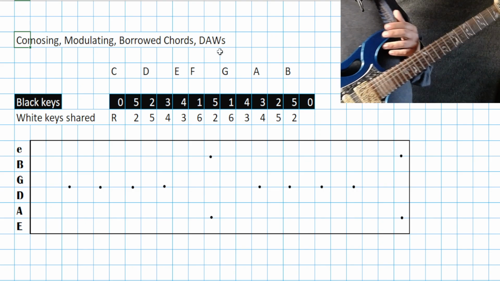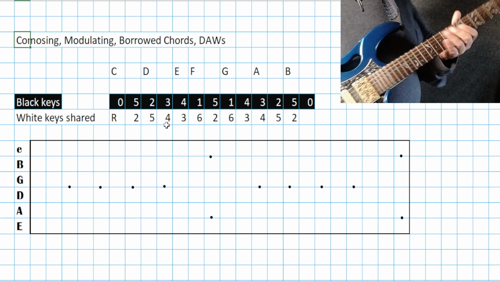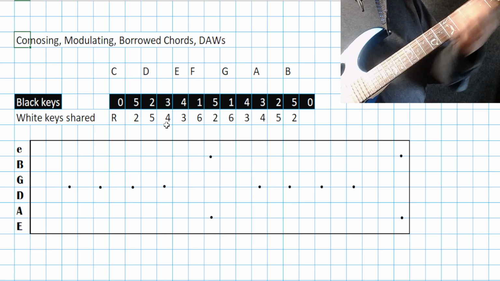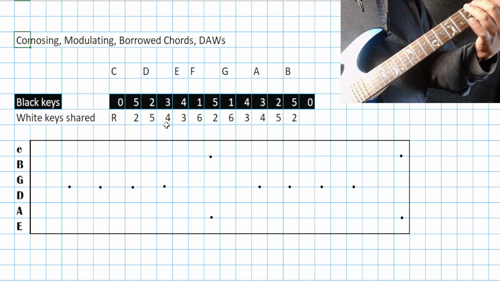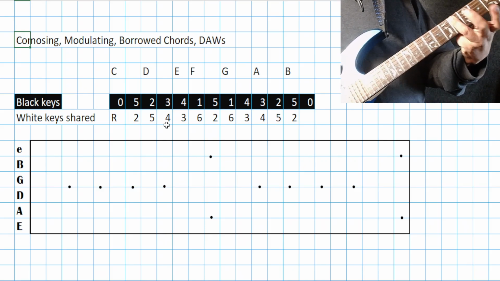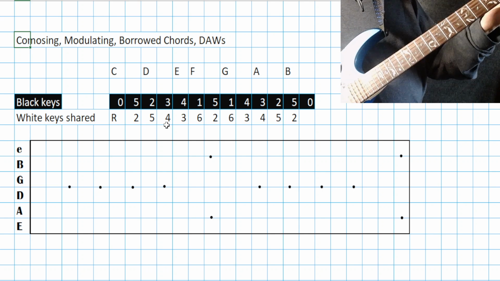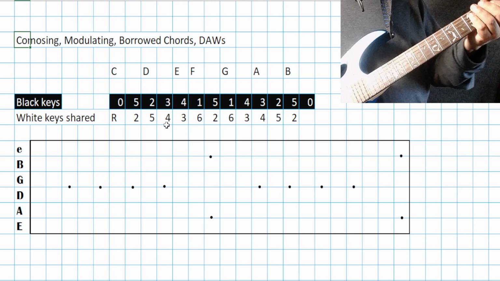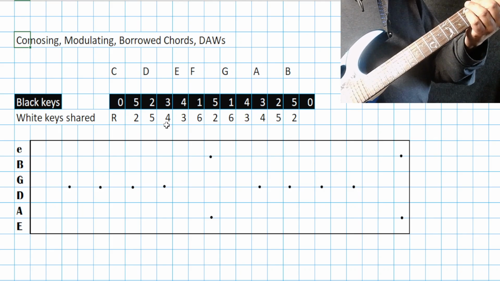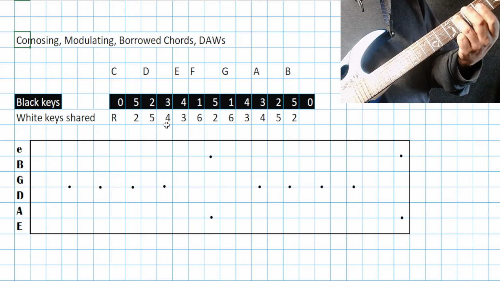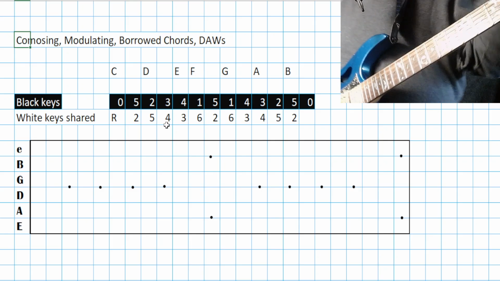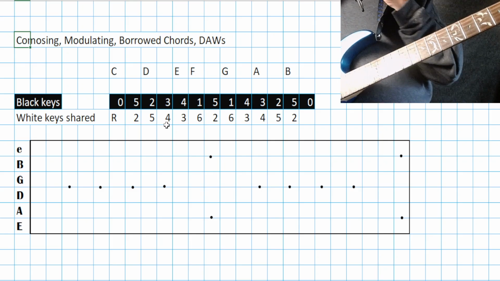Here's a question. On this side of C, I can find a key that shares 4 notes. Root, 2, 5, 4. Key of A is going to share 4 notes with C, and the key of E flat is going to share 4 notes with C, if I wanted to do that.